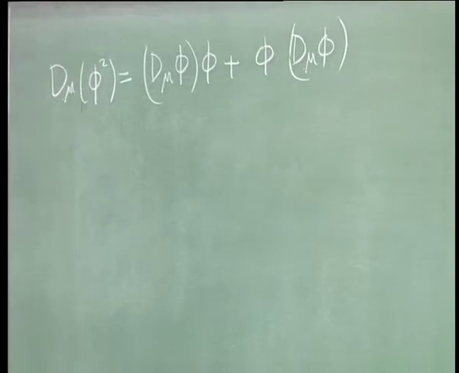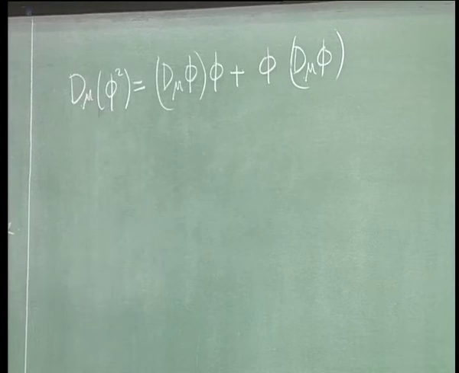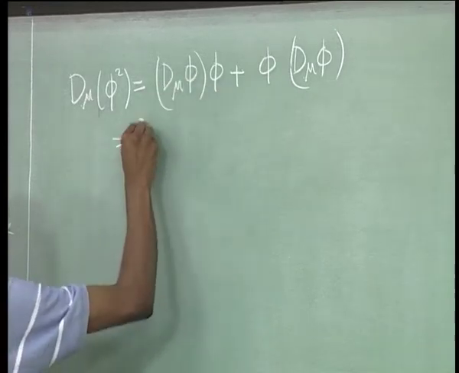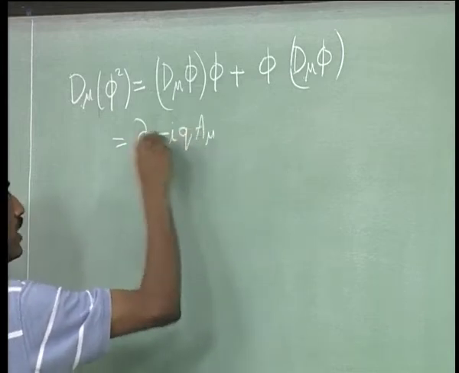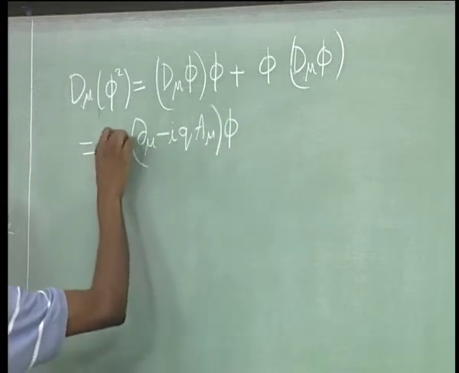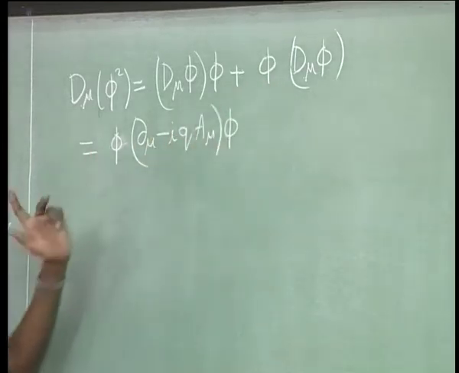This is just the standard Leibniz rule, but this is our initial definition, we can just check that this has charge q. So, we will write D mu minus i q A mu phi, and let us put the other phi on this side, and it is not hard to see that this is 2 times that.